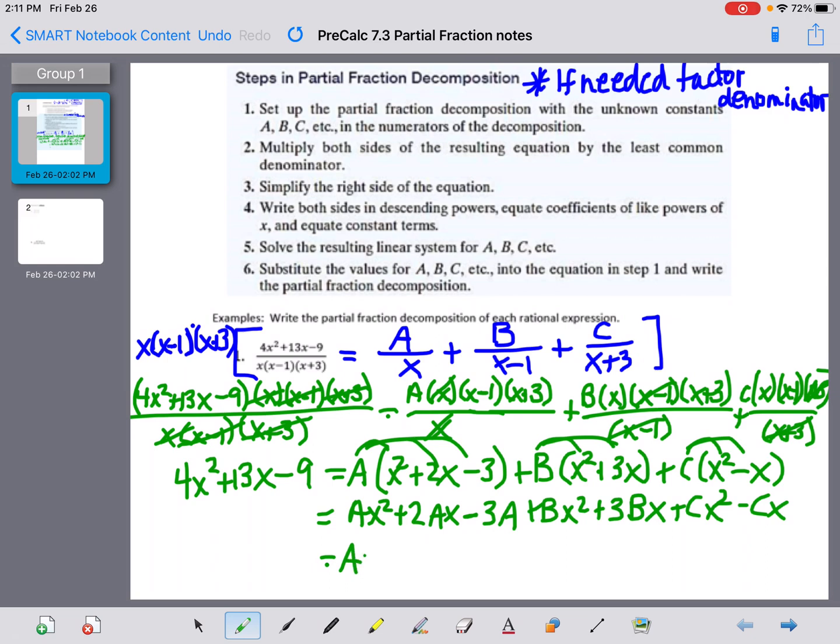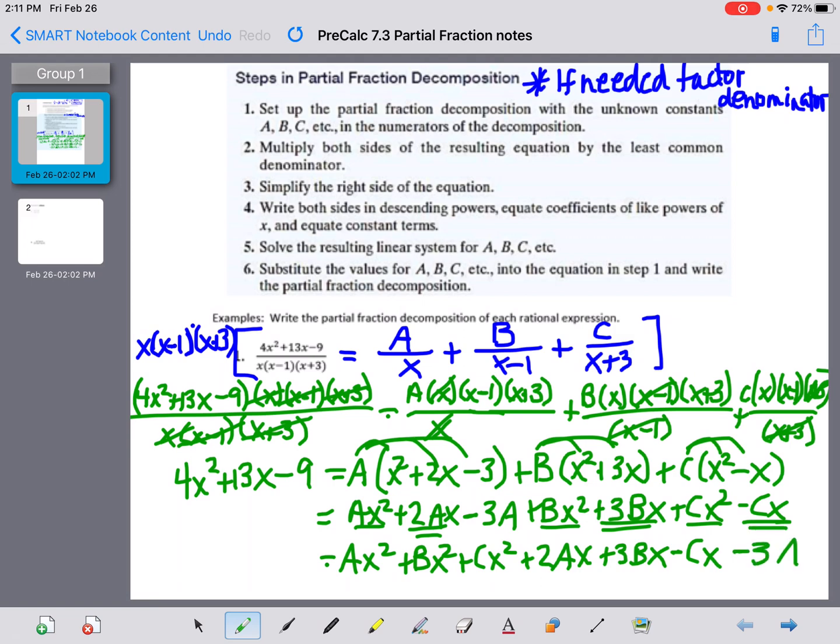So I have an ax squared, I have a bx squared, I have a cx squared. I pull all those to the front. For my x's, I have a plus 2ax, I have a plus 3bx, and I have a minus cx. And then the only thing I haven't used is this minus 3a. So here's what I have when I group like terms together.